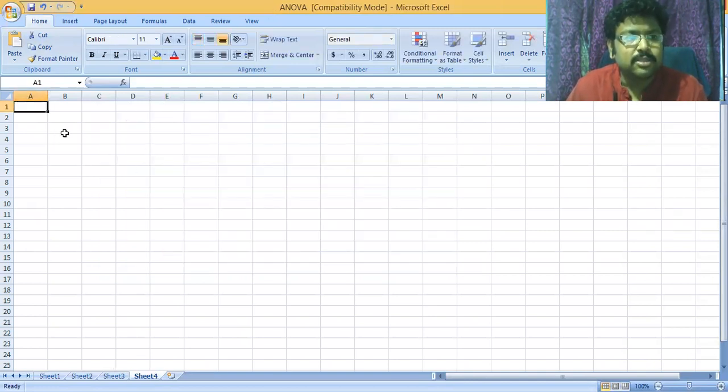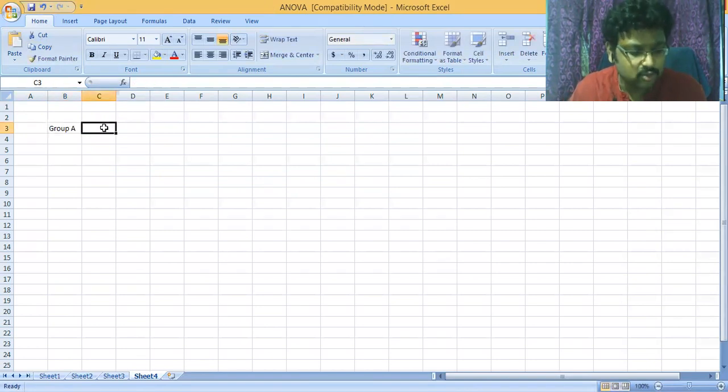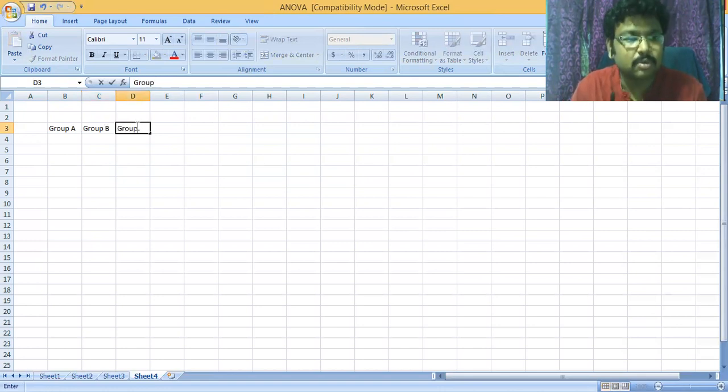Look, suppose there is group A, this is group B, and this is group C. There may be other groups, but for simplification, I have taken 3 groups.